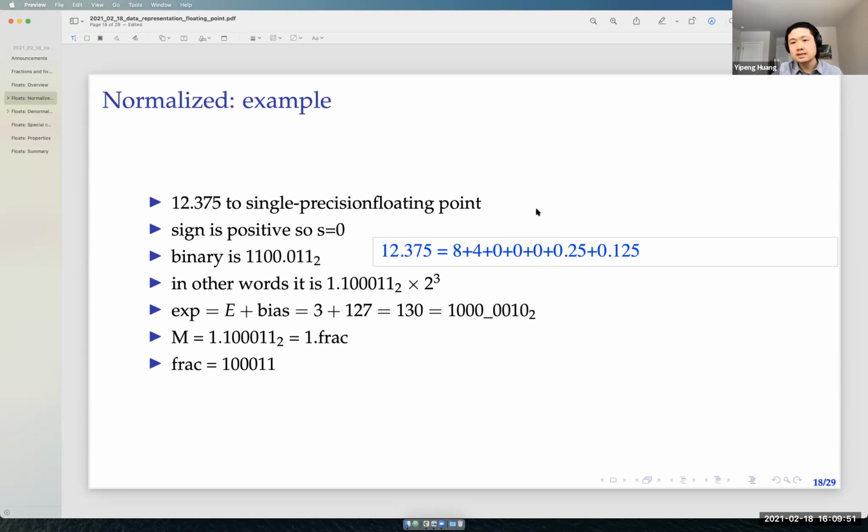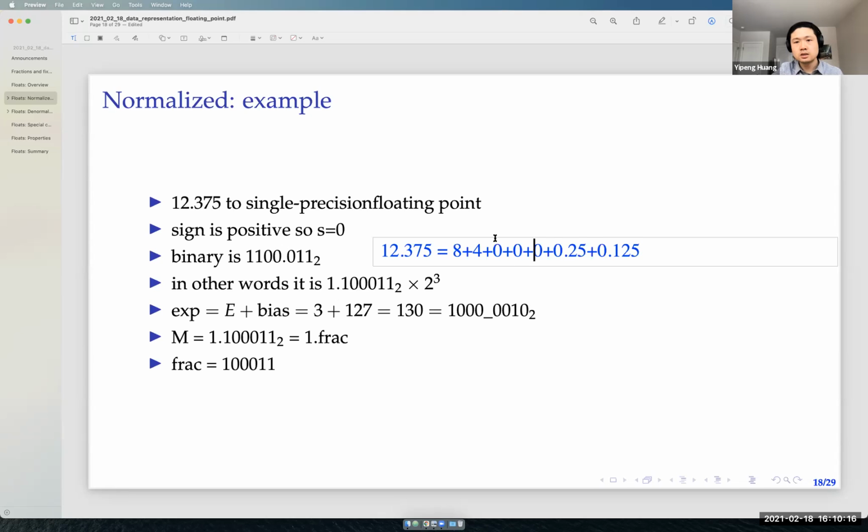For numbers less than 1, we have 1/2, 1/4, and 1/8. If we do add 8 to this number, I write down 1. If we add 4, I write down 1 in the binary notation.